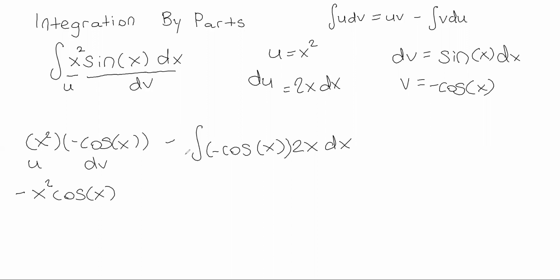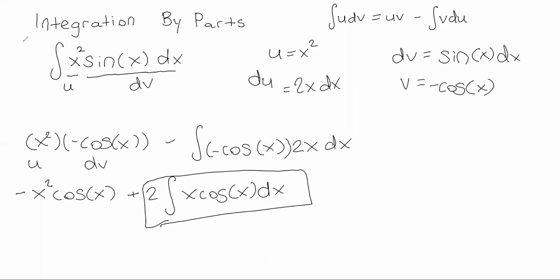All right, and then after that, I'm gonna make this positive 2 times whatever is left on the inside of the integral. So that would be times cosine of x times x, but I wanna put the x first. All right, so we can tell that we have to do integration by parts again, but I just want to note that this is already much simpler than what we started with, right?